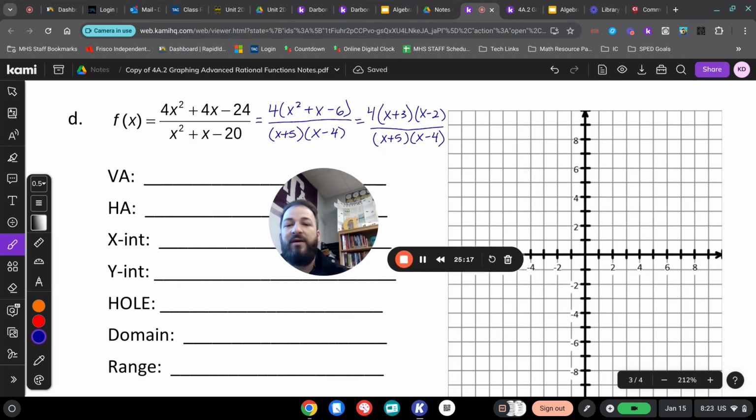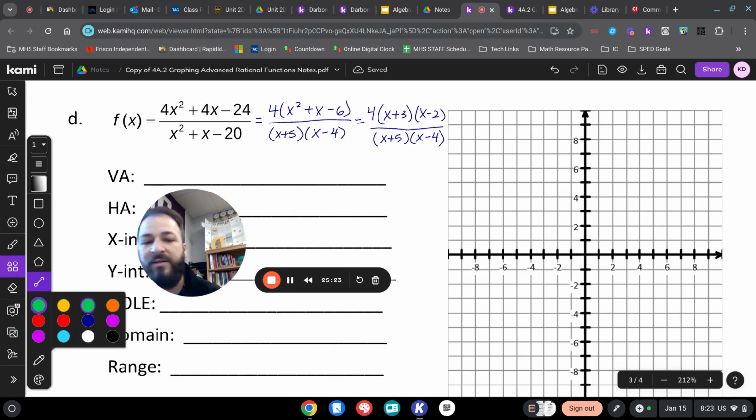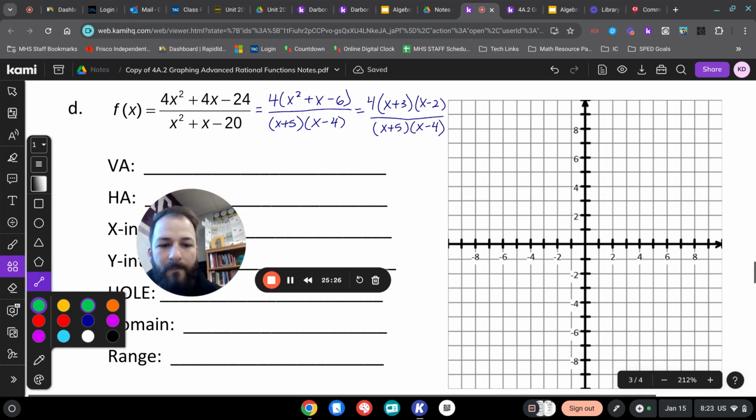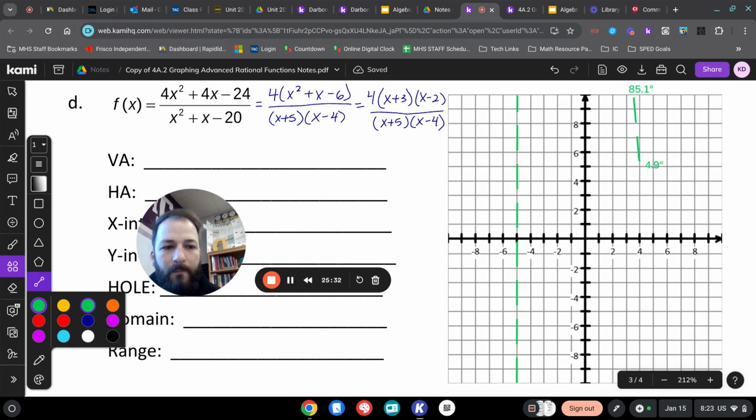Okay, let's use all these key features to go ahead and actually graph this function. So let's look. Our vertical asymptotes were at -5 and +4. So let's go ahead and add those on. And then our horizontal asymptote was at 4.